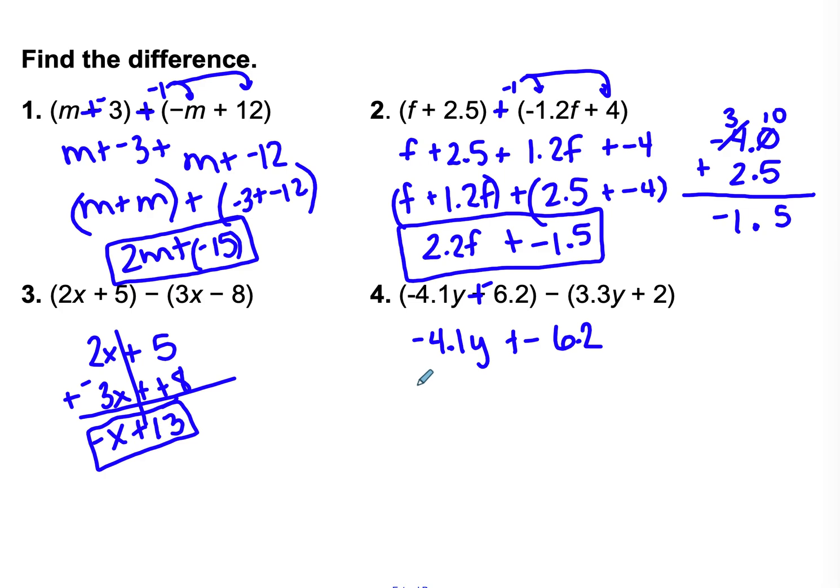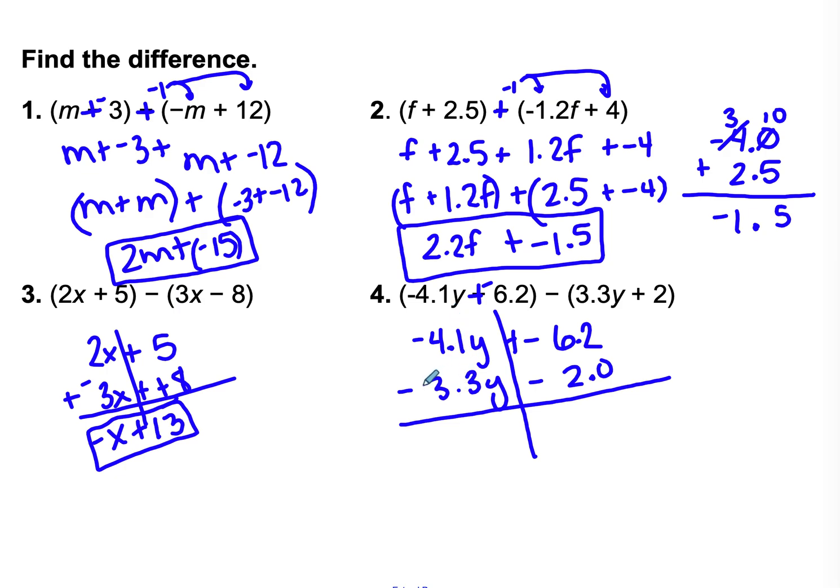Plus negative 6 and 2/10. Minus 3 and 3/10 y. I am going to line up my decimals here. Minus 2.0. Again, I'm going to line up my decimals. So I'm subtracting each of these things. All right, decimals are lined up.